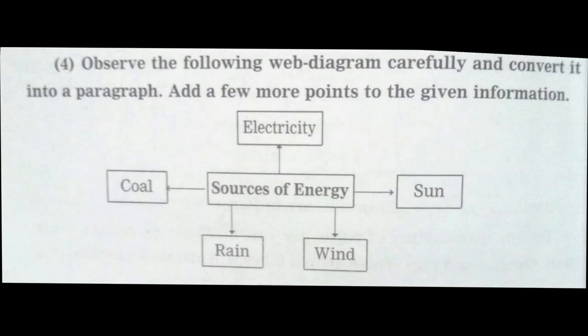And the topic is about sources of energy. And the different sources are coal, electricity, sun, rain, and wind. Now it's extremely difficult to write a paragraph with so little information. So this is how it is prepared for you, and please pay careful attention.